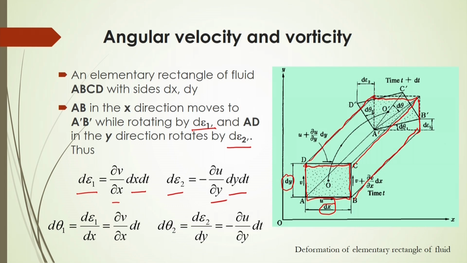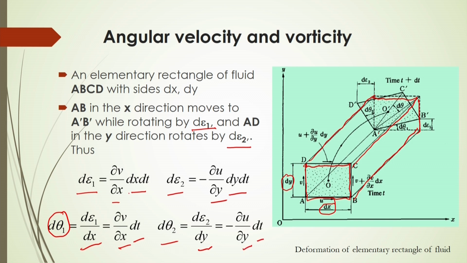That will be defined by d theta 1 = d epsilon 1 by dx, which is equal to ∂v/∂x dt. Now, d theta 2 similarly from the geometry is d epsilon 2 by dy, and it will be minus ∂u/∂y dt.